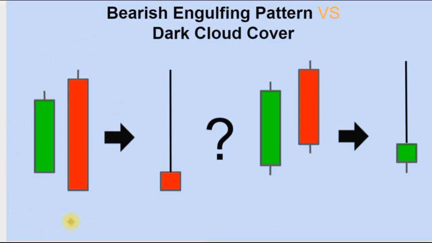And really, it's pretty obvious looking at the price action in the patterns. In the engulfing pattern, the bears were able to push the price down below the opening of the green candle. In the dark cloud cover, the bears did not display that much strength. They did, however, manage to close below the 50% level of the green candle, but not much further than that.